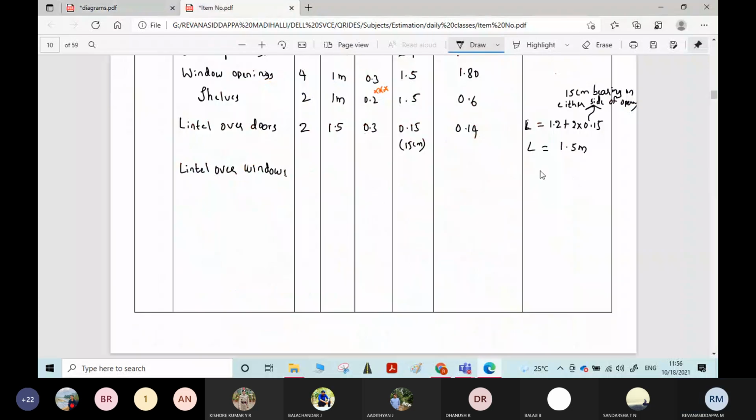L is equal to 1 plus 2 into 0.15, which is 1.3 meter. There are 4 windows. What about width? It will be equal to the width of the wall only, that is 0.3 meter. Height of the lintel beam, it is mentioned in the problem, 0.15.